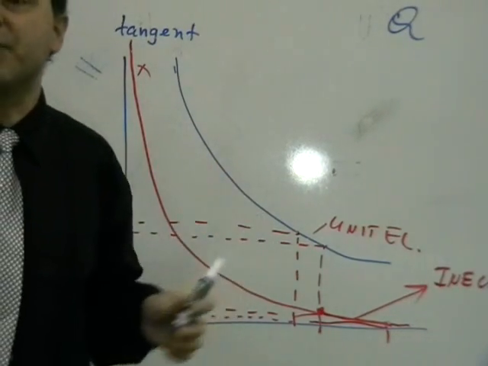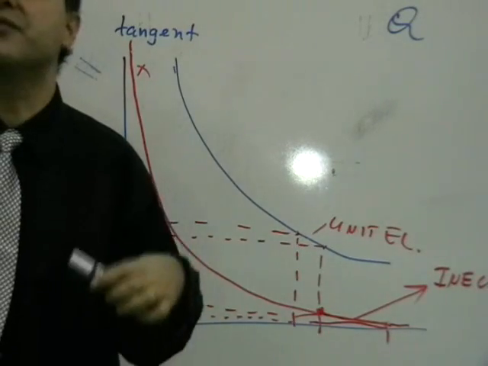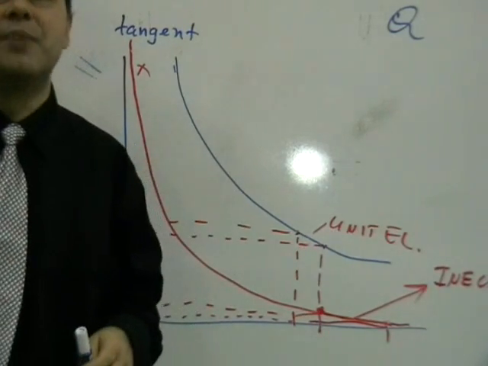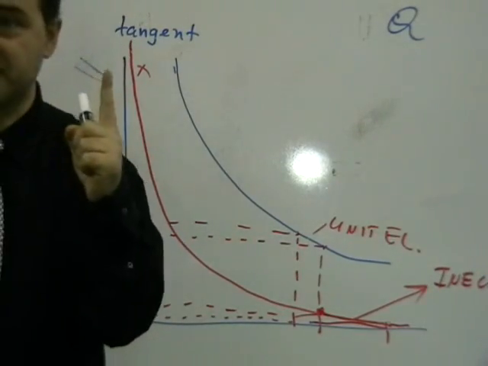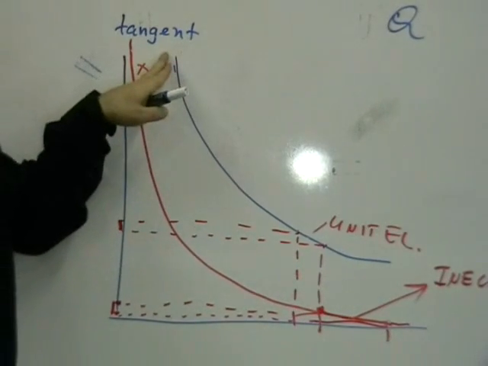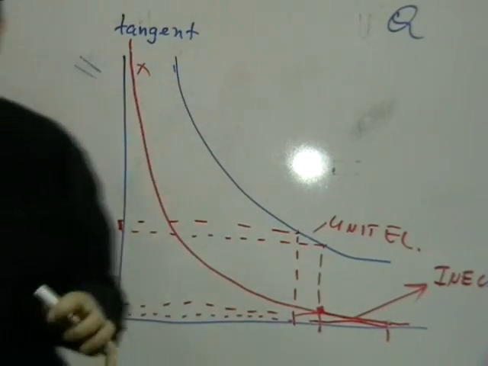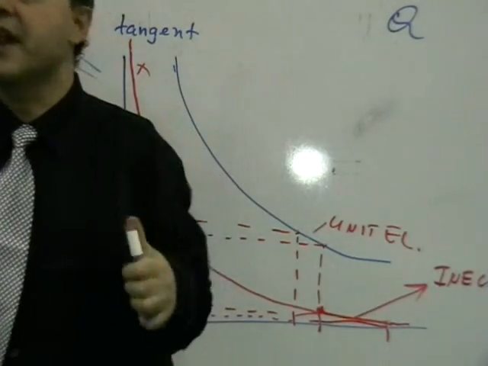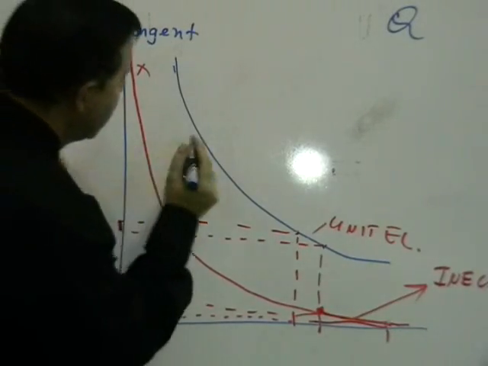For 1,000 products, you will have 1,000 different demand curves and 1,000 different elasticities. But the point that I'm making now is that for one product, you will have different elasticities along the demand curve too.